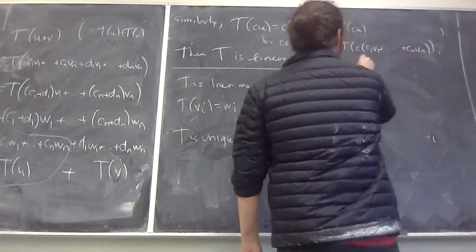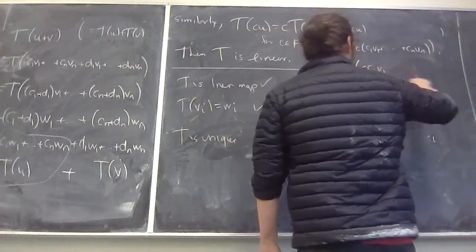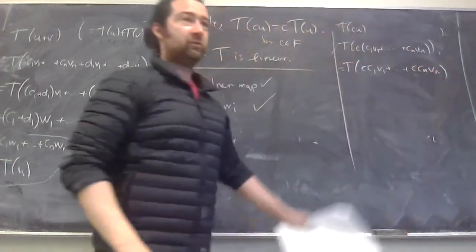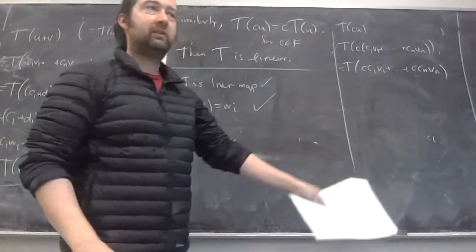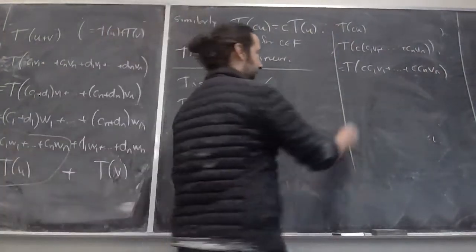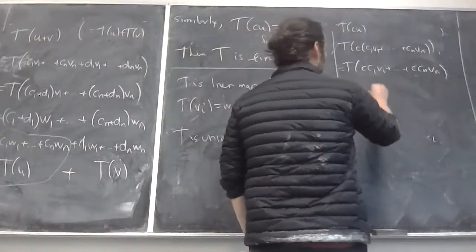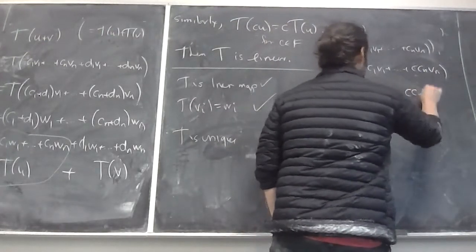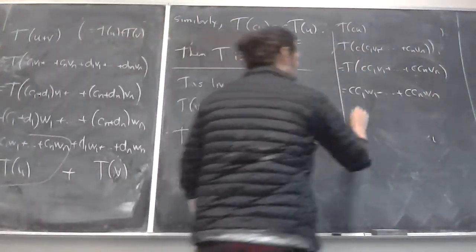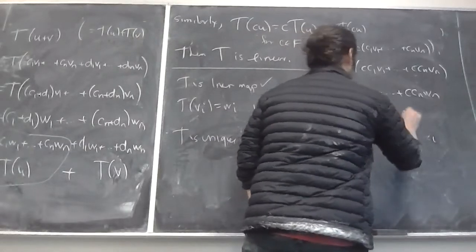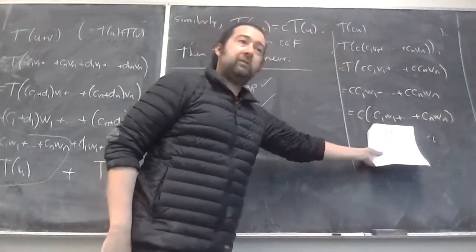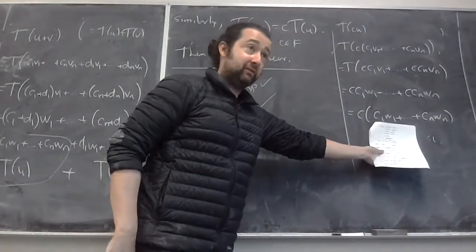But that's the same as T of CC1 V1 to CCn Vn just by algebra, right? Distribute the C across everything. But then what does T do when it sees a linear combination of the V's? It gets rid of the V's and puts the W's in, right? Okay. So this is CC1 W1 up to CCn Wn, but now every term has a C in it. You can just factor it out. But I know what vector T turned into this vector.